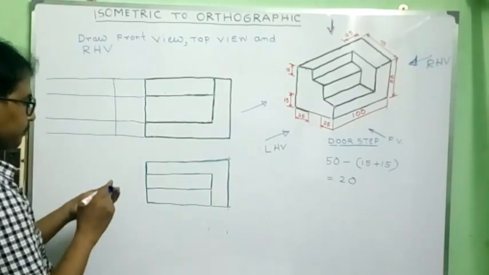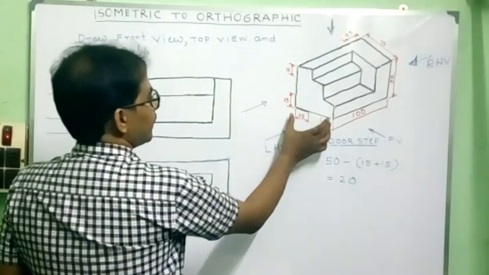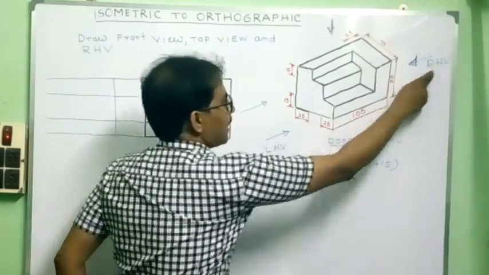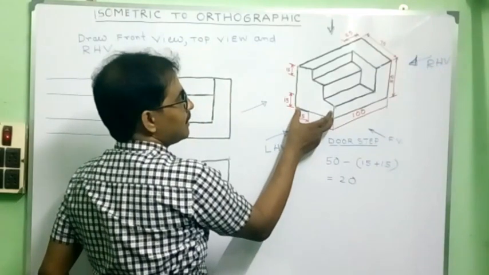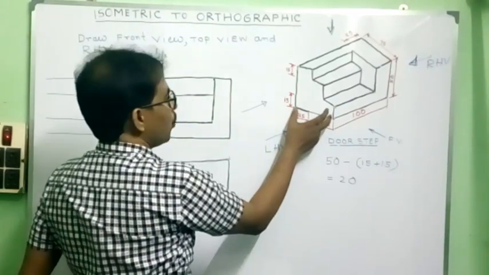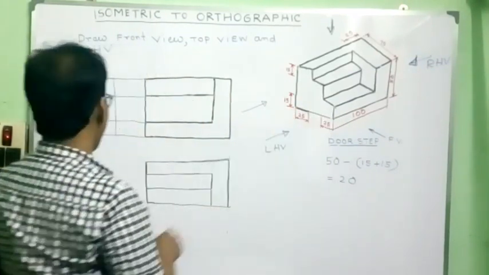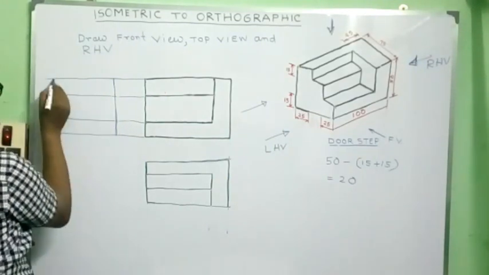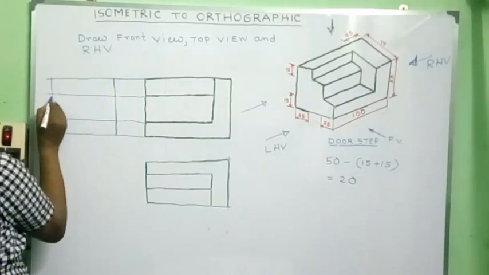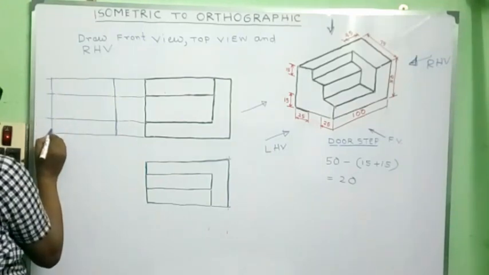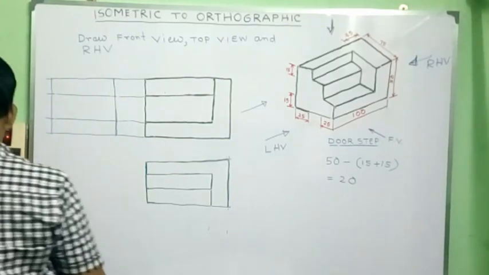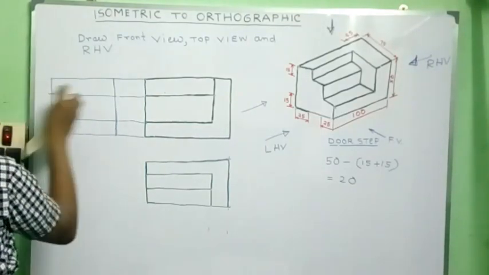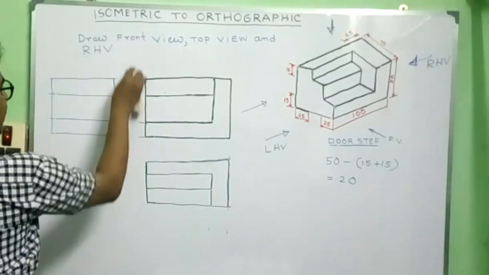Okay. This length, if we see from the right hand side, will be 75. So we draw a parallel line. We erase this portion.